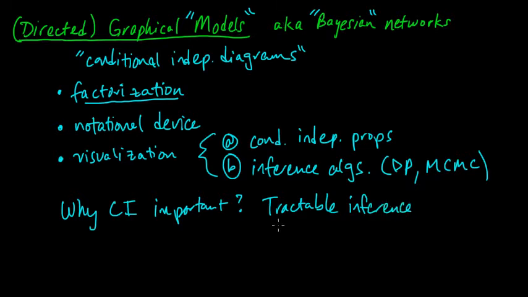When you have nice conditional independence properties for your distribution, then you can do inference much more efficiently by exploiting those properties than if you didn't exploit them. That's really what it all comes down to, being able to efficiently do inference. That's why they're useful.